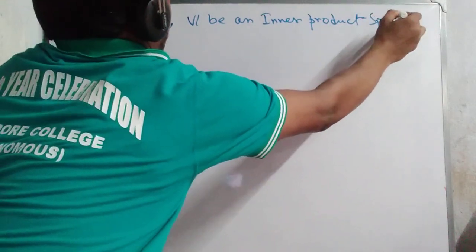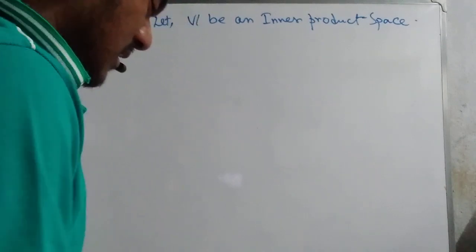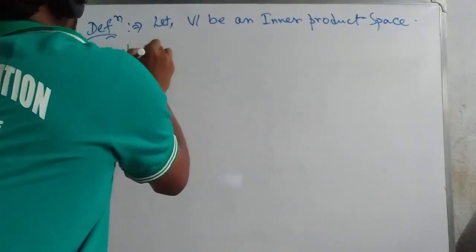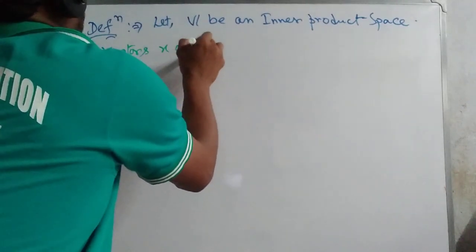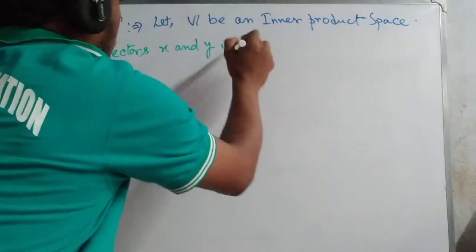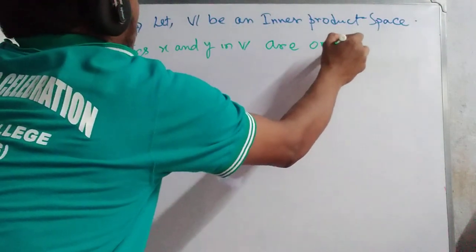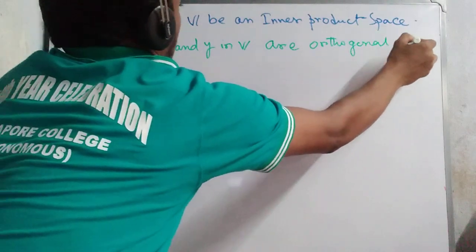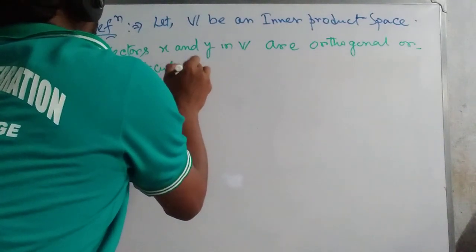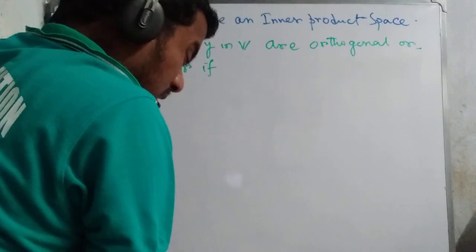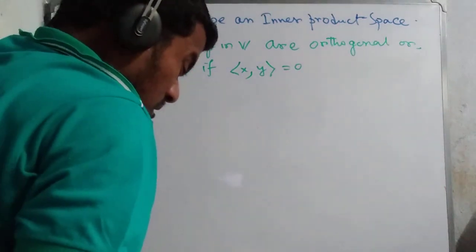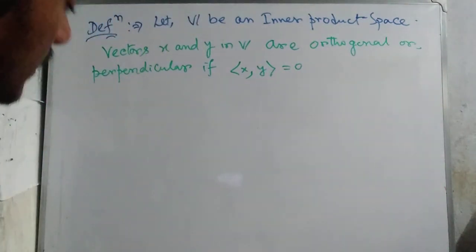Vectors x and y in V are orthogonal or perpendicular if their inner product of x and y equals 0. Now we write it in this way.